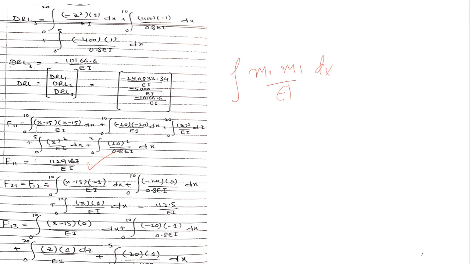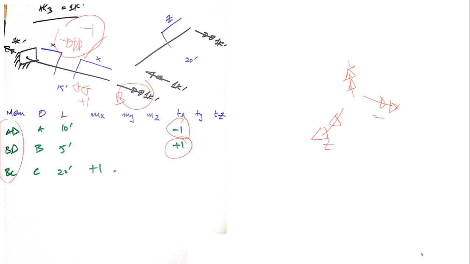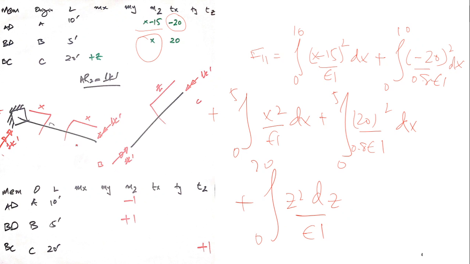Okay, so F22 is very easy, F33 is very easy. This is related to self multiplying. However, I'll find F12 because this is for AR1 equal to 1 and this table is for AR2 equal to 1. So I can easily find F12 which is equal to F21.